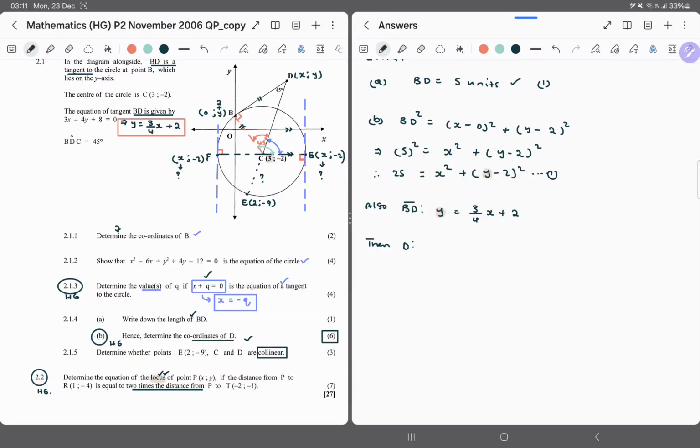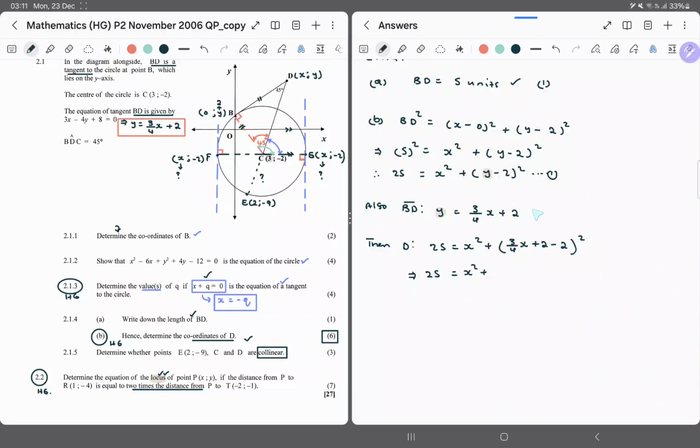D is such that we have 25 equals x squared plus, instead of y, we write 3 over 4 x plus 2 minus 2, all squared.